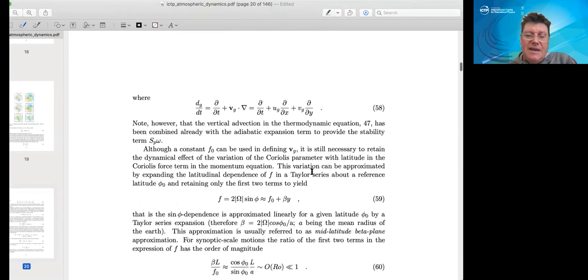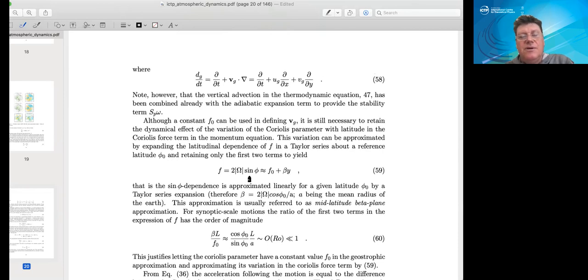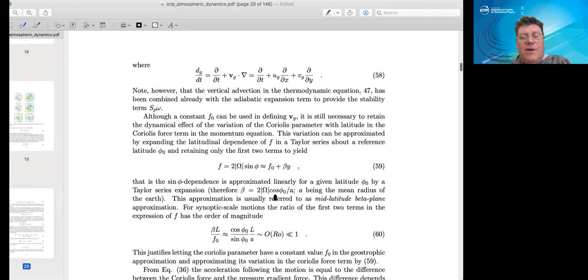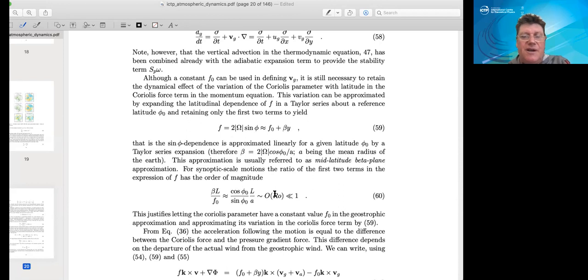A further useful thing to do is to derive a Taylor series expansion for the Coriolis parameter. We have already made use of this constant term f_0, which is a mean value in mid-latitudes, plus a variation of the Coriolis parameter around that latitude. But here, in this quasi-geostrophic approximation, using the mid-latitude beta plane, we have to assume that f_0 is always much larger than beta times y.